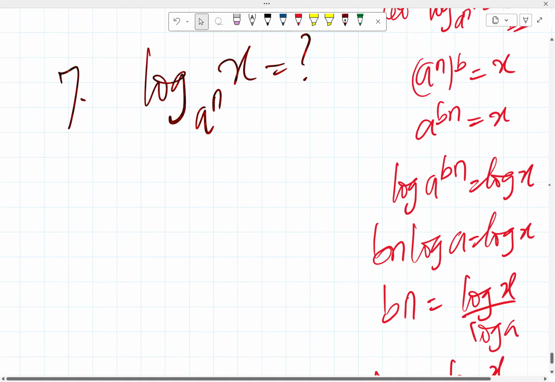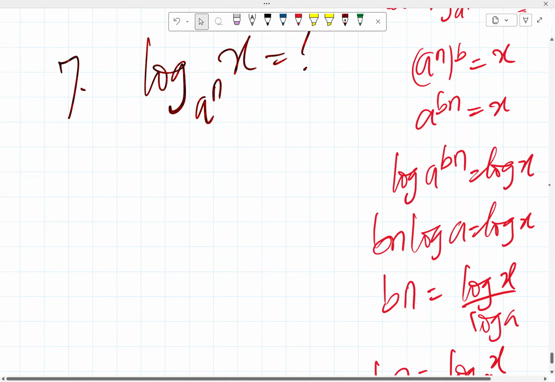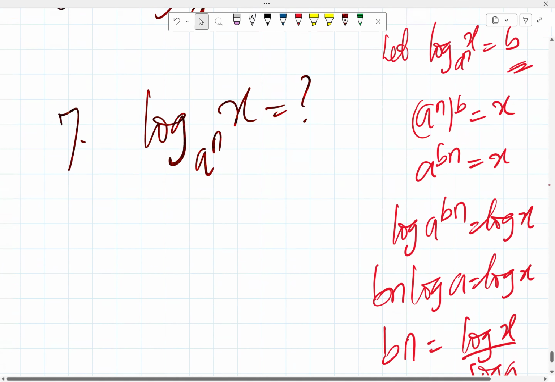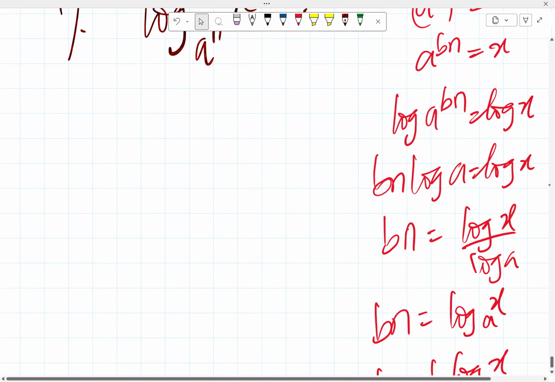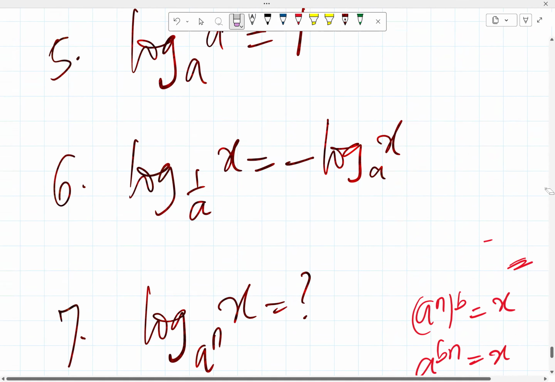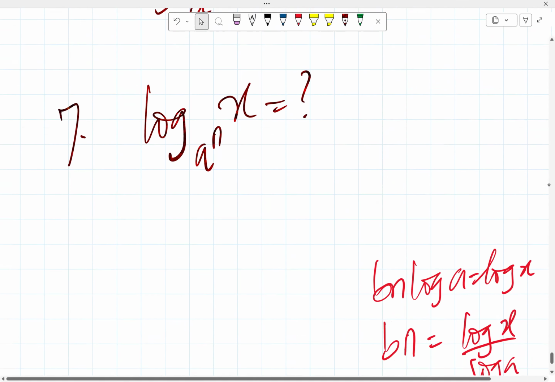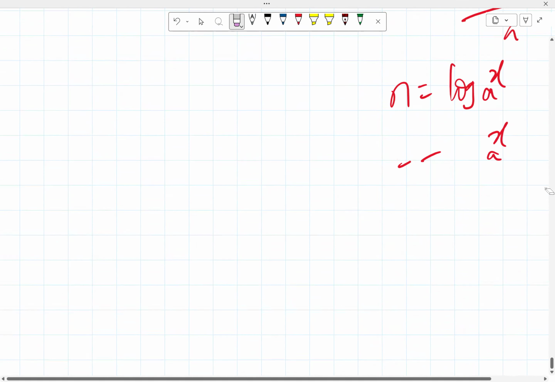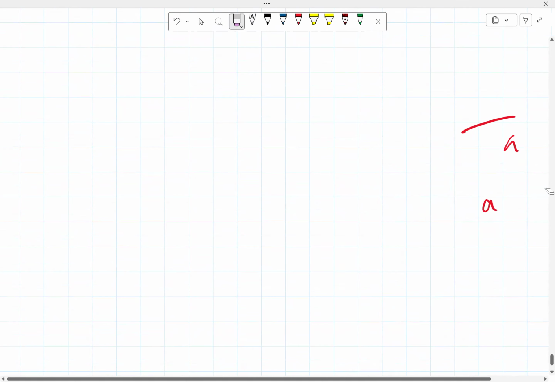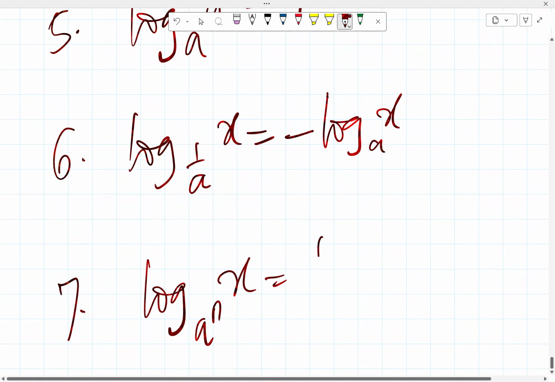So it means that when you have a base that is a power, it introduces the inverse of the power, which multiplies the regular thing. So we have 1 over n log x to base a. Okay, those are some other possibilities.